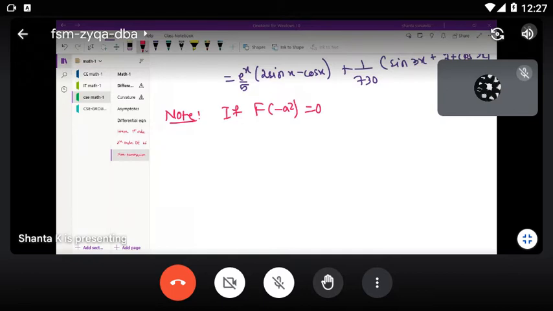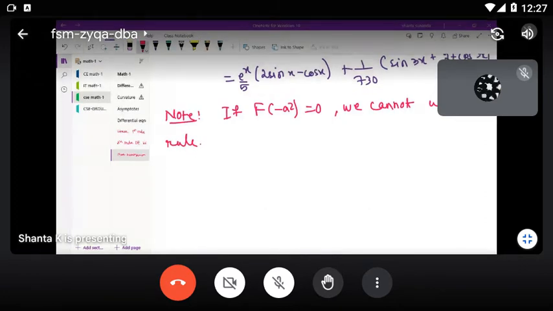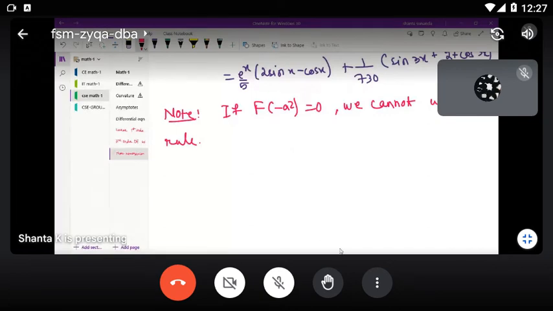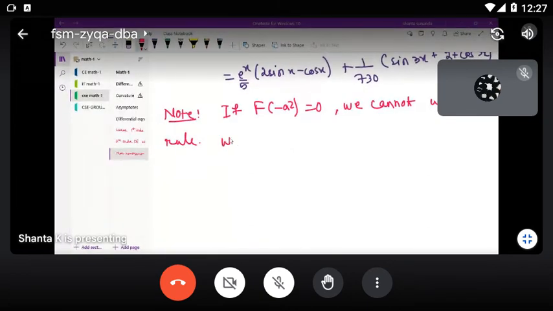We cannot use the formula, so we proceed in the following manner.